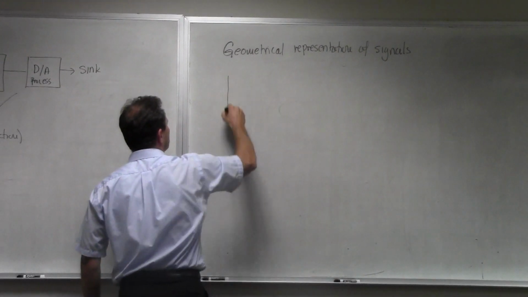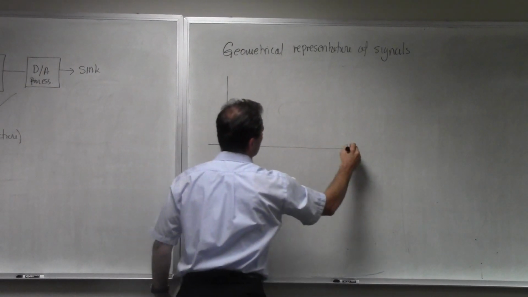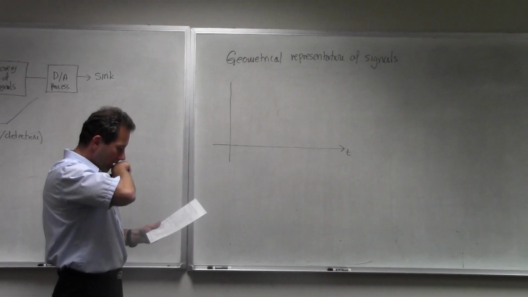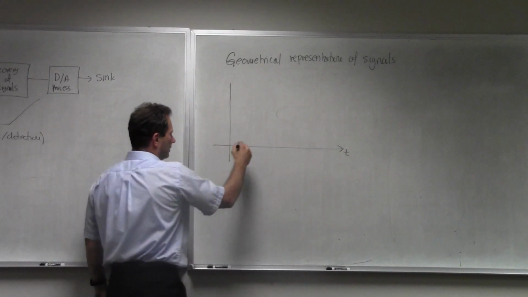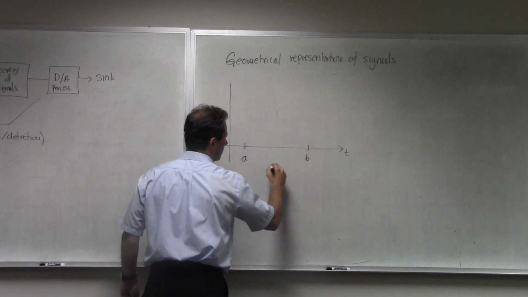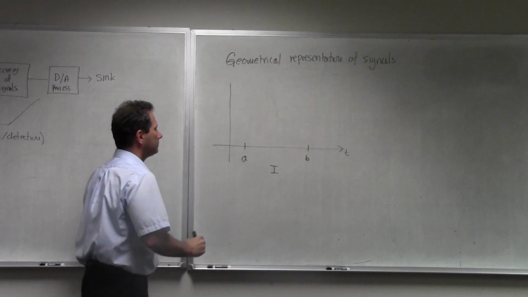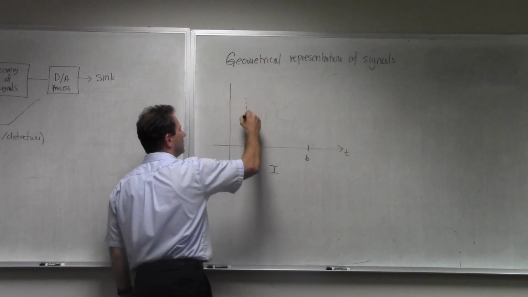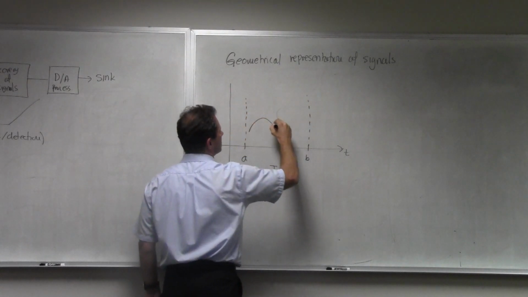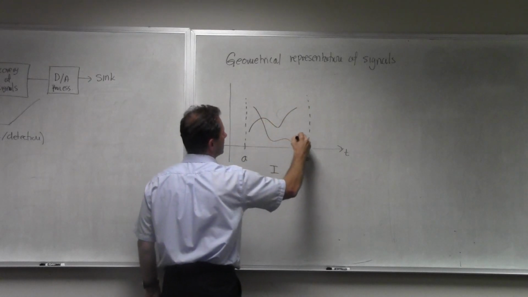Here are the settings. This is our time axis, the t-axis. And I'm going to be looking at some interval a to b, which I'm going to call interval I. And on that given interval, I'm going to assume that I have a certain number of signals.